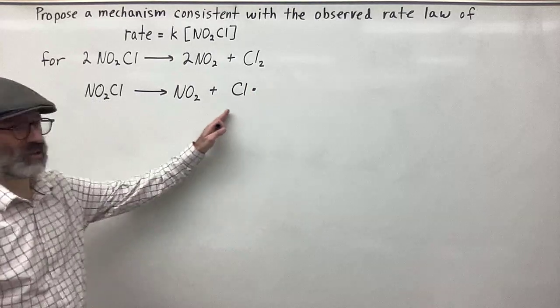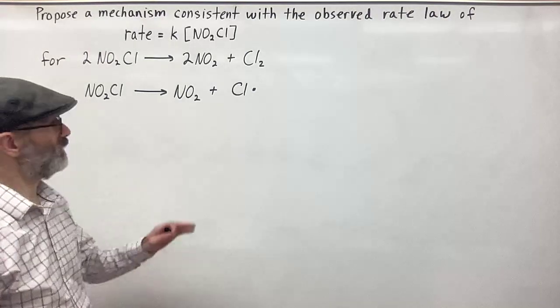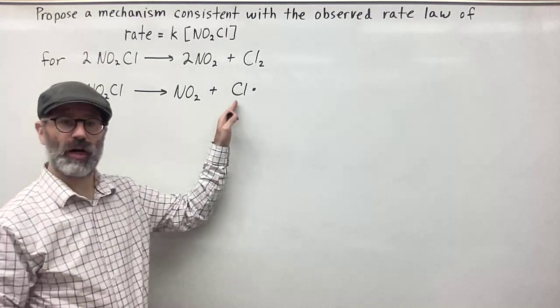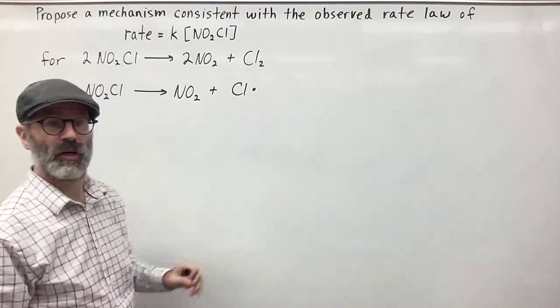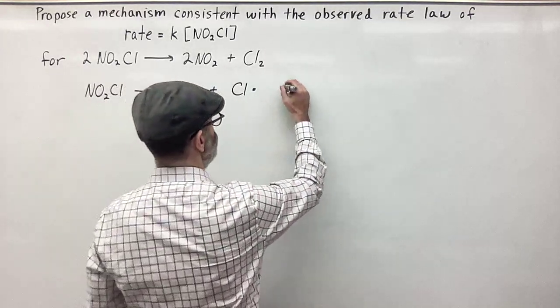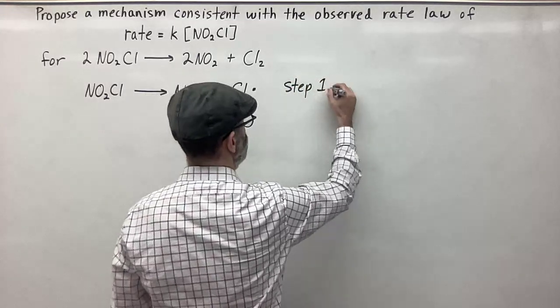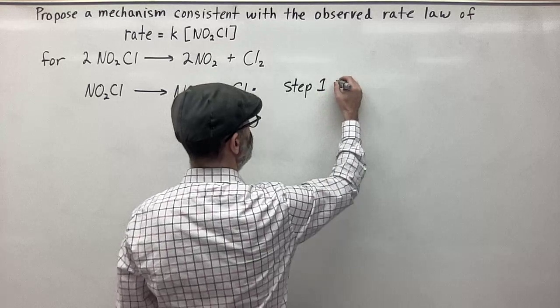So the Cl comes off as a radical. And so this is highly unstable, so this wants to react quickly, right? So this here, we can see maybe as a slow step. So step one, and this would be slow.